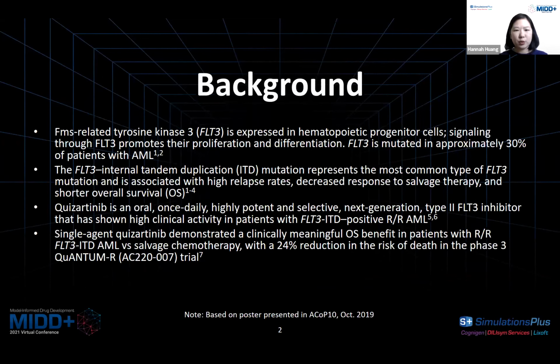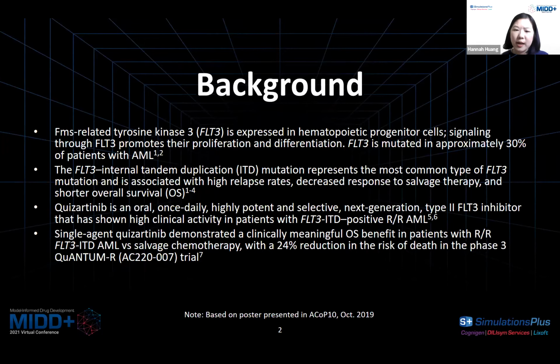A little background on the drug. Quizartinib is a type 2 FLT3 ITD inhibitor. The FMS-related tyrosine kinase 3 mutation was found in approximately 30% of patients with acute myeloid leukemia. And within the FLT3 mutations, the internal tandem duplication is associated with high relapse rates and decreased response to salvage therapy.